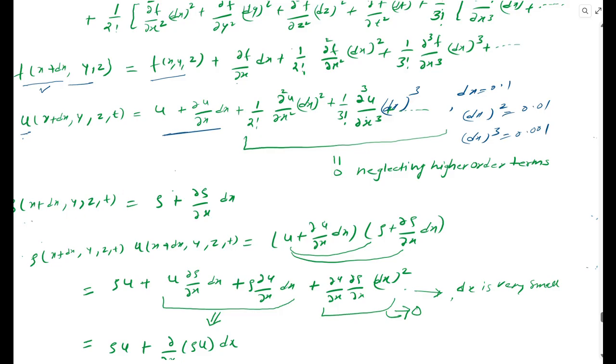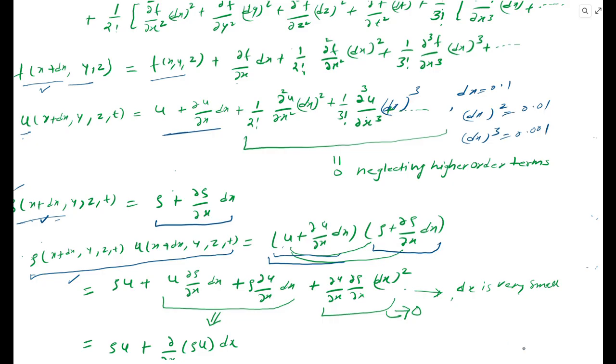Similarly, if rho is the density, at a nearby point x plus dx, meaning an increment in the x direction only, you can write this. And if we multiply rho and u, in place of rho we can write this, and in place of u we can write this.